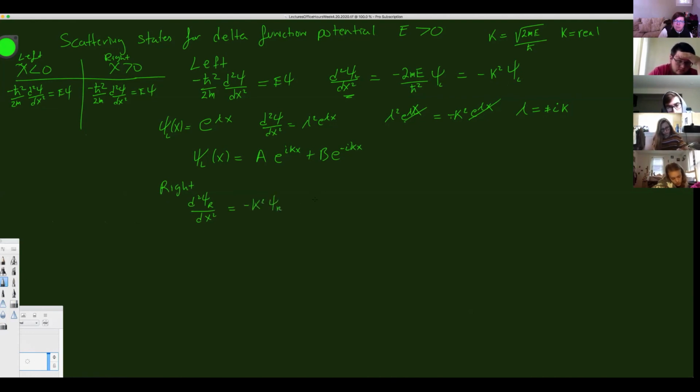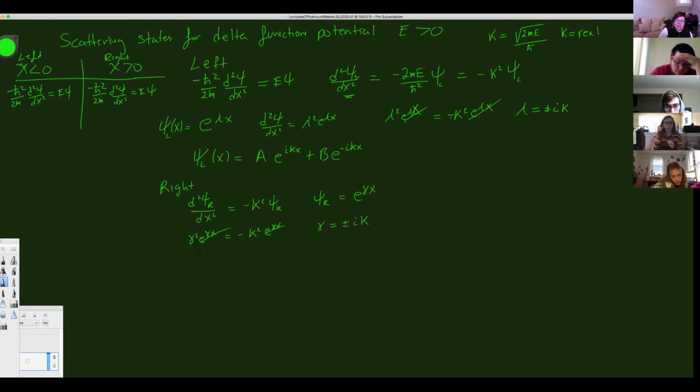Again, let's take psi right as an exponential, e to the gamma x. Plugging in, we get gamma squared e to the gamma x equals minus k squared e to the gamma x, and cancel. This gives us gamma, again, plus or minus i k.